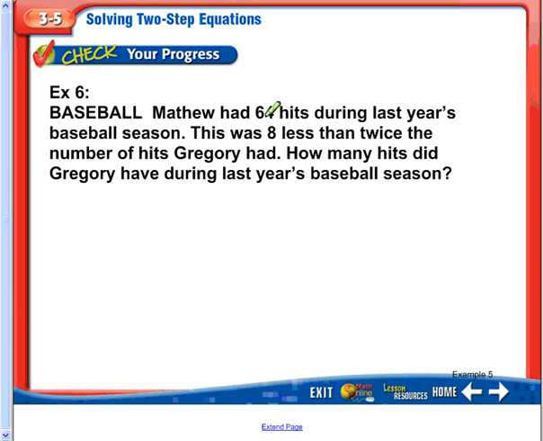In example number 6, we need to write our own two-step equation and then solve. If Matthew had 64 hits during last year's baseball season, this was, we know that was is an is word.